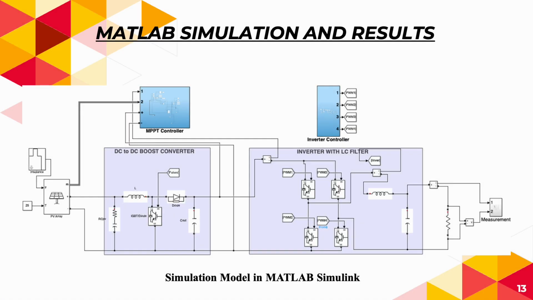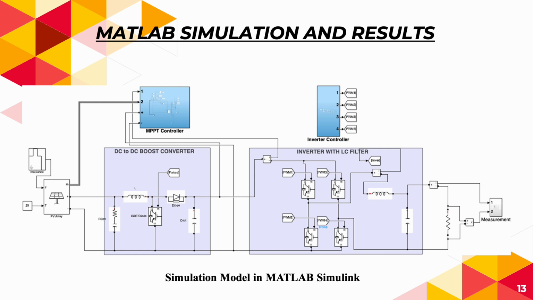Now after calculation, all the things have been implemented by the MATLAB simulation through Simulink. Here you can see a block diagram of the MATLAB simulation, where this is a PV array, and the input of this PV array is normally fed by a variable just to simulate the variation in the irradiance of the PV array.